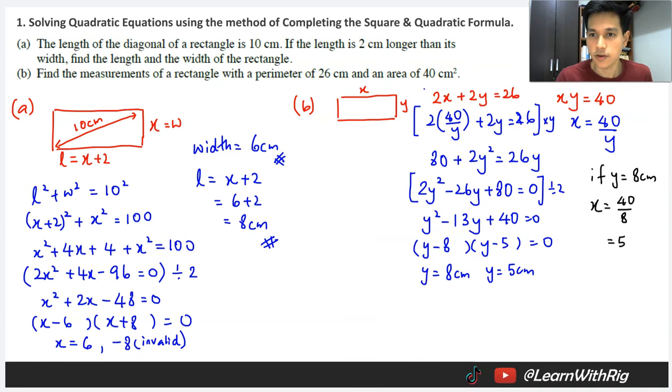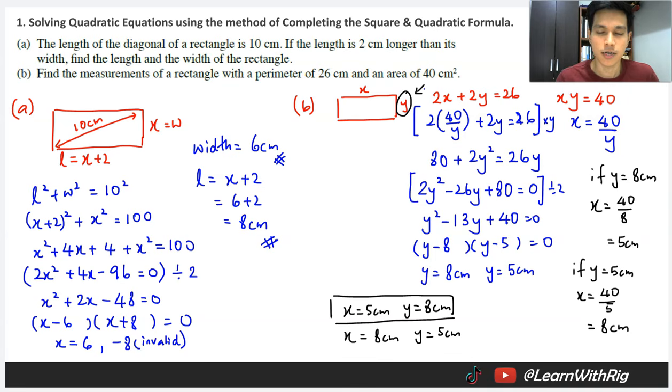So answer is 5 cm. So you're actually getting back the similar answer. So if y is equal to 5 cm, what's your x value? x is equal to 40 over 5, you should get 8 cm. So in other words, you can say that the length is 8 cm and the width, which is y, is 5 cm. Right? So this is your answer.